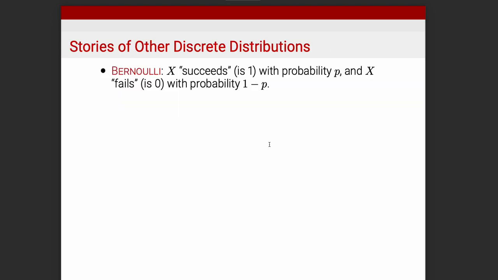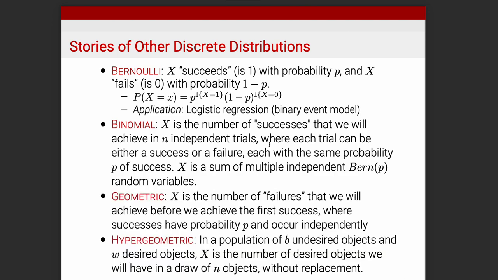Okay, so here I've listed, I'm not going to go through them, the stories of other discrete distributions. Discrete means that the support is not continuous. So we have Bernoulli, which we've talked about. We have here a story motivating what characterizes that distribution. Then we have an application.